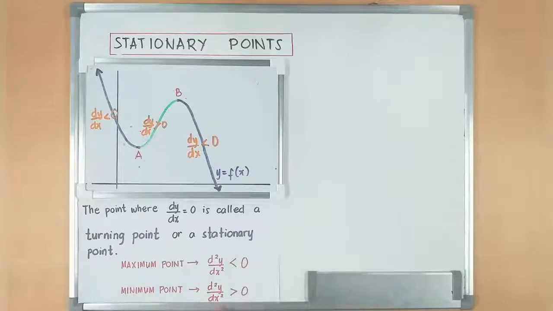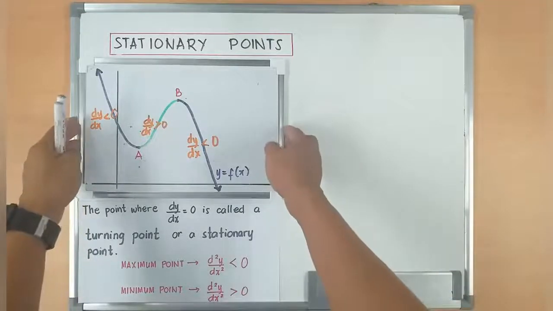When the value of the second derivative is greater than 0, or basically positive, then it is a minimum point. I will go through all these things later while doing the examples so that we are guided. So let's try to do some examples.